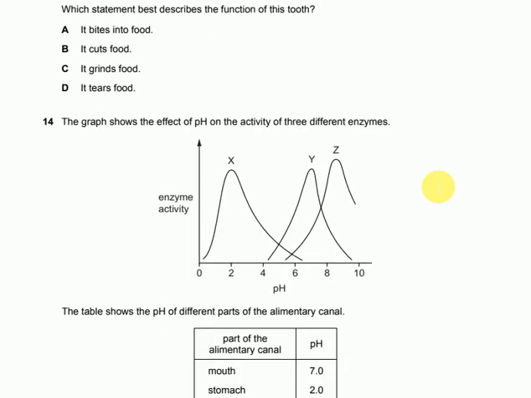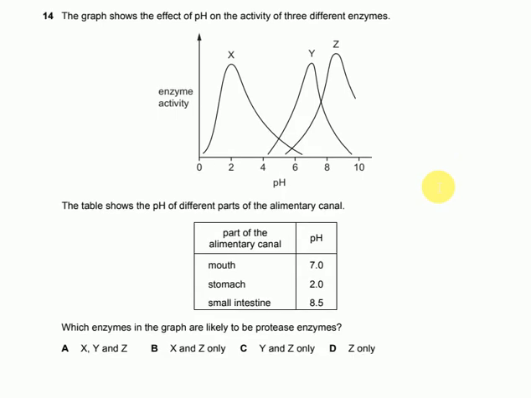The diagram shows the pH activity of different enzymes X, Y, and Z. The table shows the pH of different parts of the alimentary canal: the mouth 7, stomach 2, small intestine 8.5. Which enzymes in the graph are most likely to be protease enzymes? Let's see.